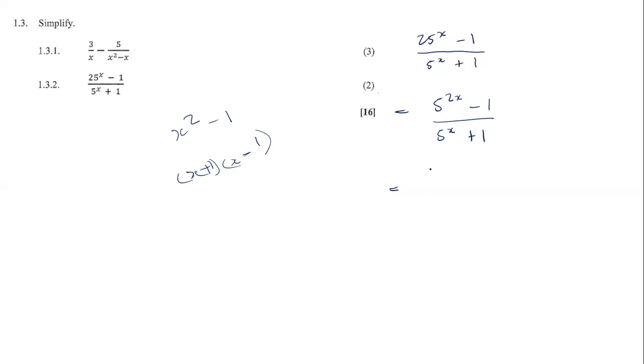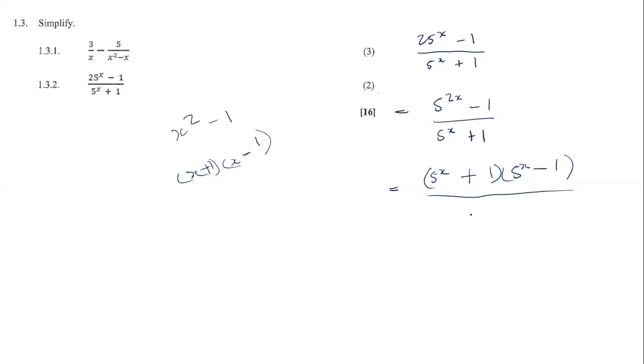So that means if we open up two brackets, what are the factors of 5 to the power of 2x? It's going to be 5 to the power of x multiplied by 5 to the power of x, because when you multiply them, you add the exponents. They're going to give you 2x. And then the factors of 1 are going to be 1 and 1. Remember, it's a difference of two squares. One bracket will be positive, the other bracket will be negative.